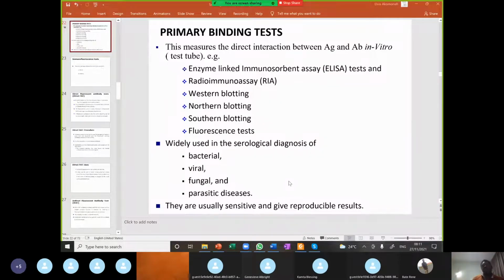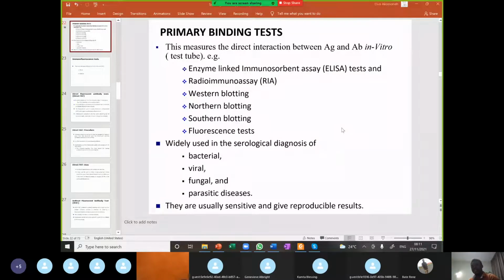Today we're getting to more complicated procedures, and these ones will always need a trained technician to run. Of course, there are still some simple procedures, but I'll always indicate when it is possible. Remember, last class I mentioned that serological tests are classified as primary, secondary, tertiary, depending on the concept.